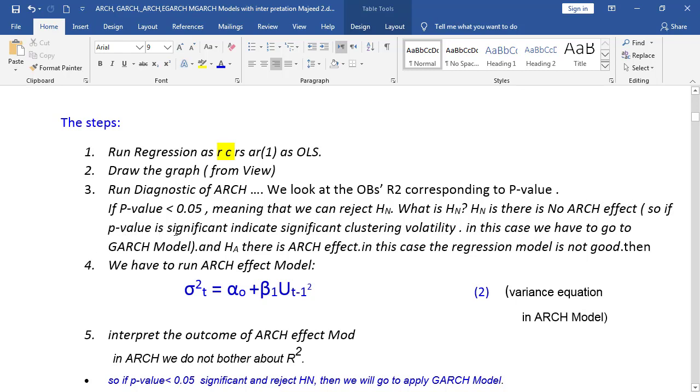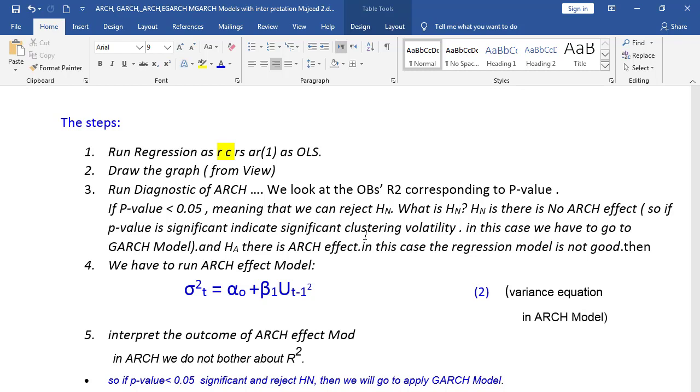So if the p-value is significant, it indicates significant volatility clustering. In this case, we have to go to the GARCH model, which means that the ARCH effect is present in the model. In this case, the regression model is not good.